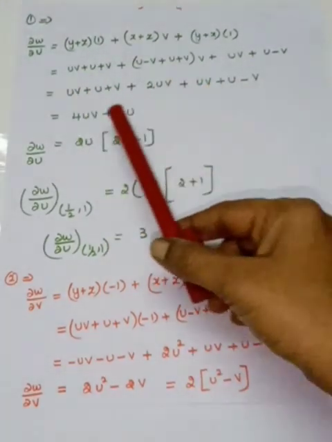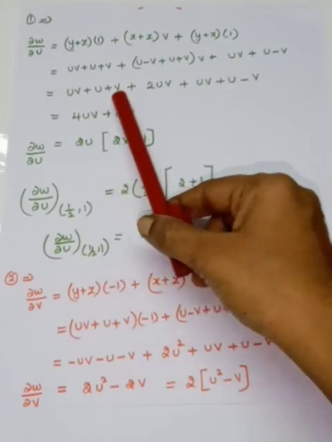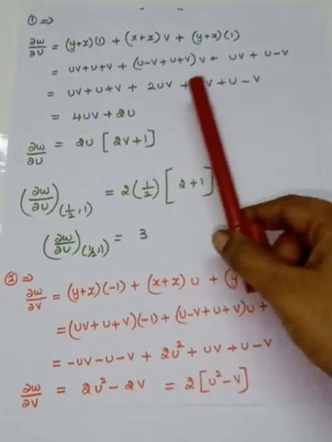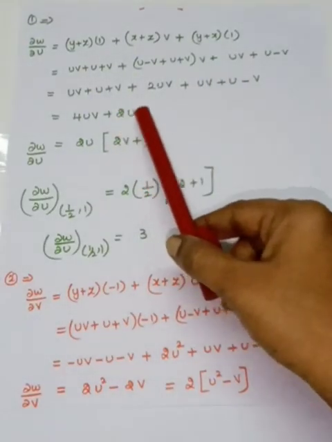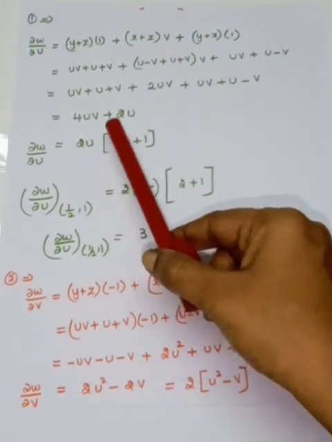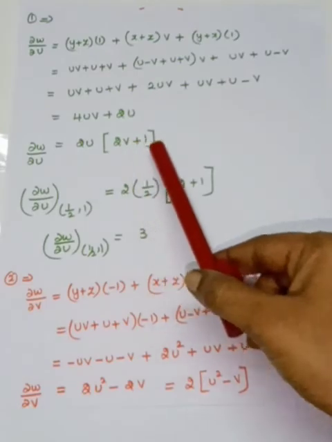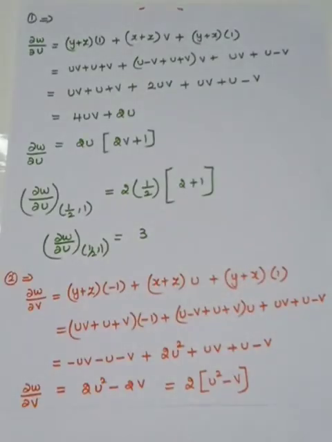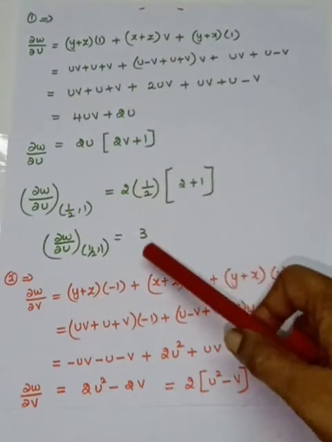So totally how many? 4uv. And plus v minus v getting cancelled. How many u? 2u. So it is taken out. From these two terms, what is common? 2u is common. So when you take it out, it is 2v plus 1. So it has to be evaluated at half and 1. So in the place of u, you have to substitute half. In the place of v, it has to be substituted 1. So when you substitute, your answer is 3.